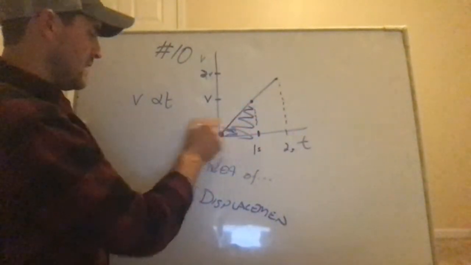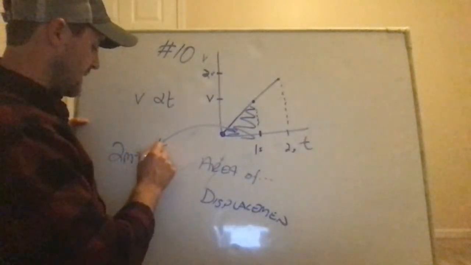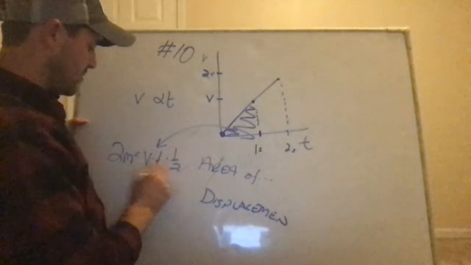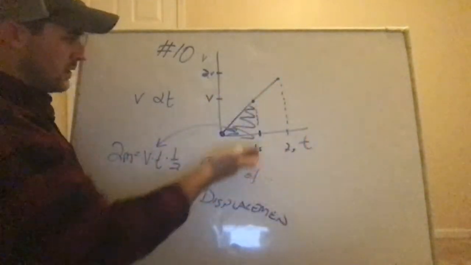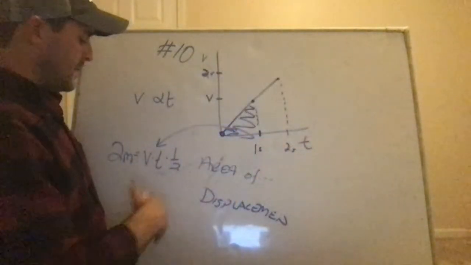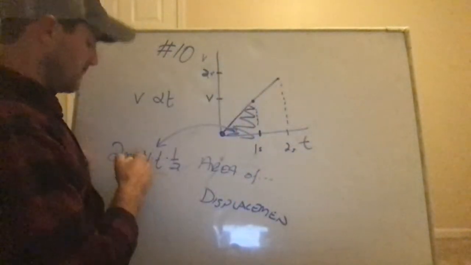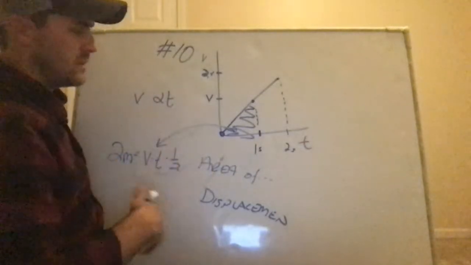The area right there is 2 meters, which is equal to the velocity times time, times 1/2 because it's a triangle. From there, you can find your velocity at V1, or at the first second. You can find your velocity after 2 seconds, and so on and so forth. So that's kind of number 10 in a nutshell, and how you might solve that problem.